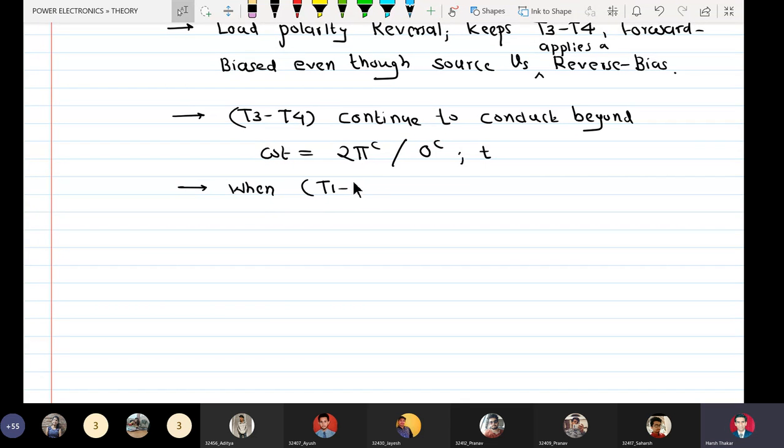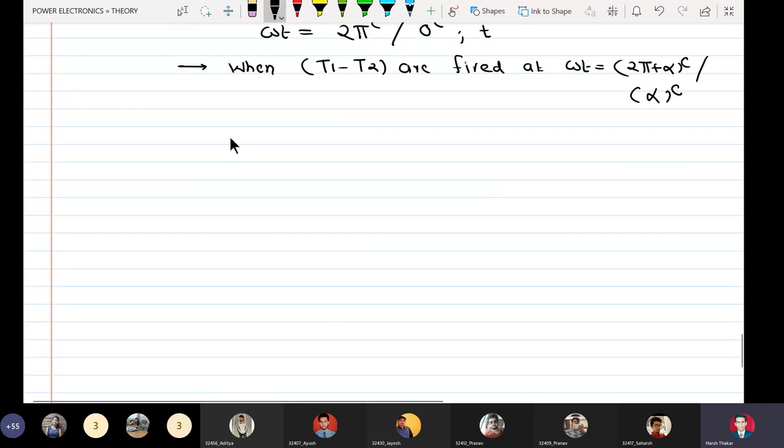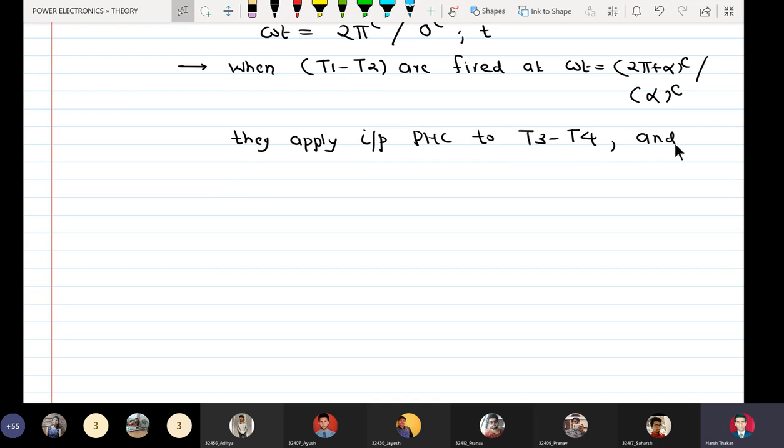When T1 and T2 are fired at omega t equal to 2 pi plus alpha radians, or plain alpha radians, they apply the input positive half cycle to T3 T4 and enable voltage natural commutation.